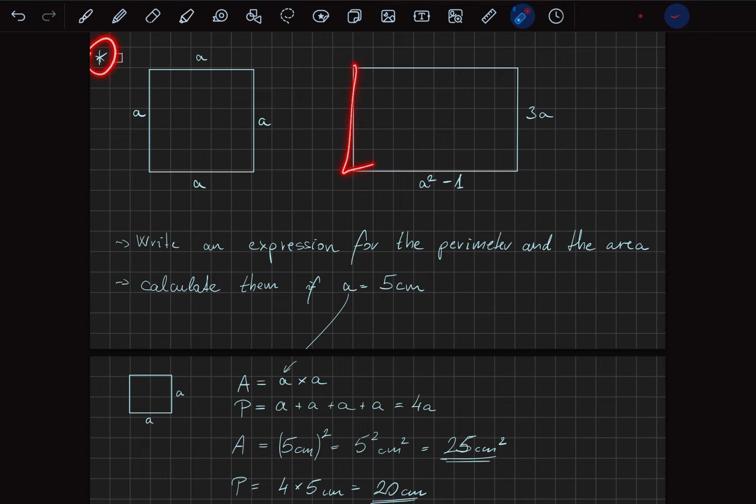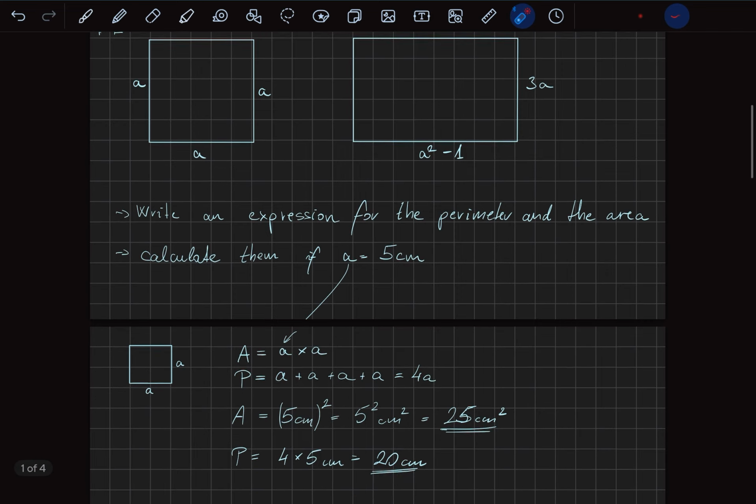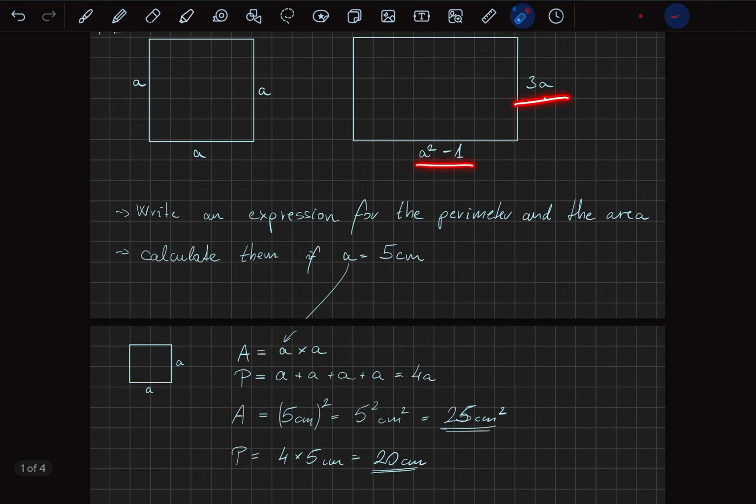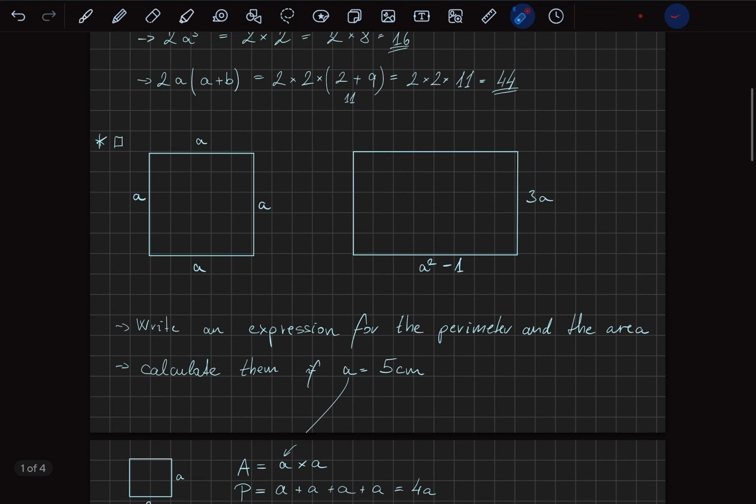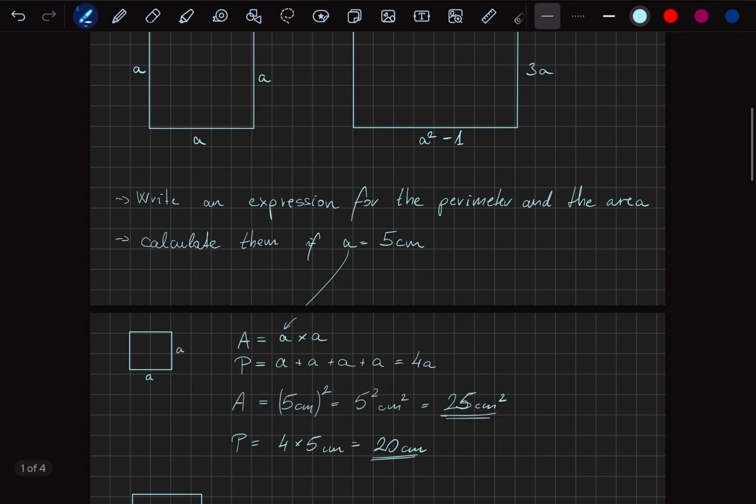But first, it's a hard problem. This is why I put here a star. If we just substitute back the expressions first, it's hard. So first I will just calculate the W and the L, and after we will just calculate the things.